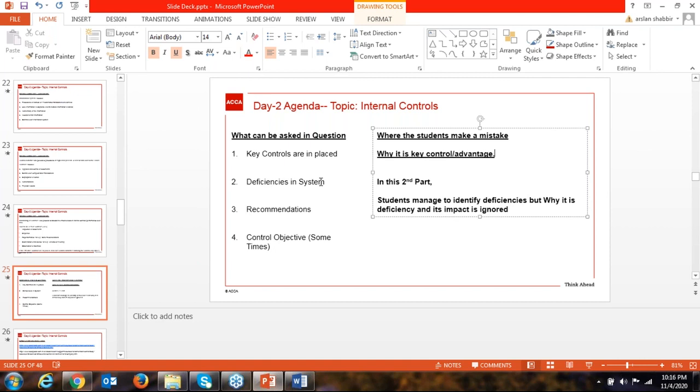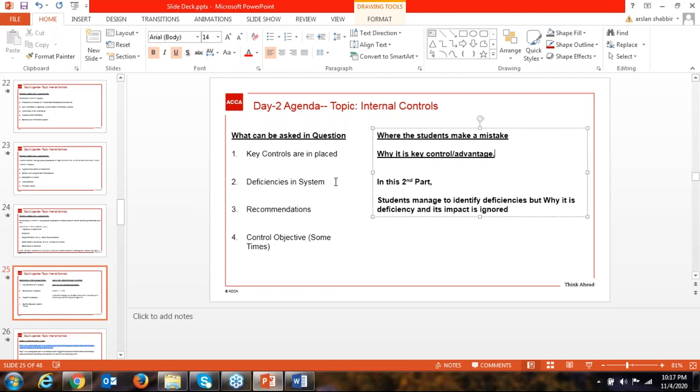So you need to give the recommendation as a consultant or auditor: segregation of duties should be applied so that roles and responsibilities will be separated to prevent error and fraud. You need to give the recommendation in the answer.